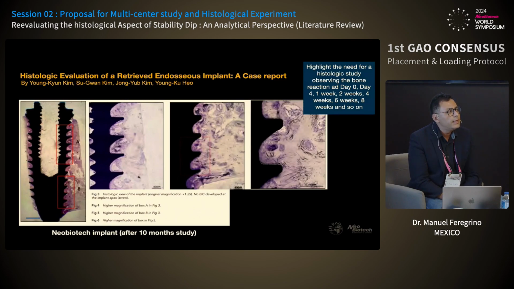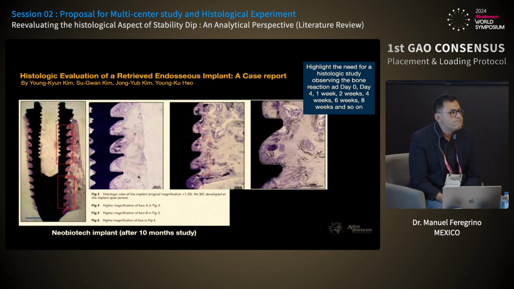As we can see, there is a really nice formation of native bone that surrounds the implant. Dr. Cabrera talked about this study and the increased bone implant contact.